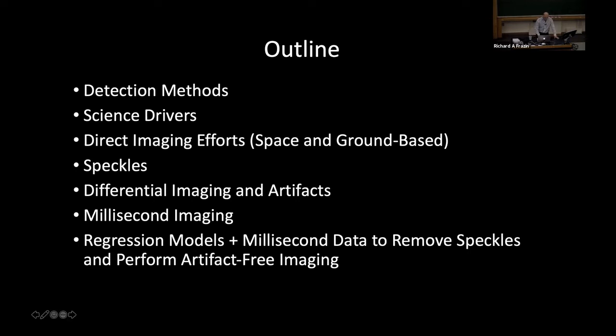And that will bring us into current methods that are used to get rid of speckles and the problems associated with them. And that set of issues will bring us to my work in dealing with the speckles. And that involves a lot of regression modeling that I'll talk about.